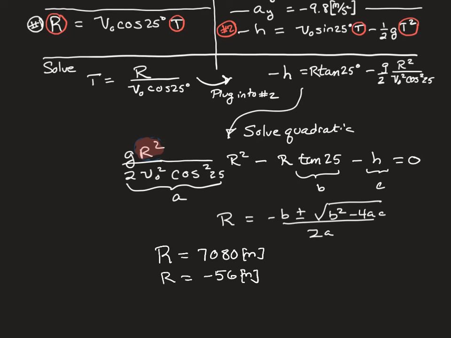So I think pretty easily we can identify that this r is the right one, 7,800 meters. And finally I was able to go back in there and take care of that extra r squared that was there. So we fixed that.